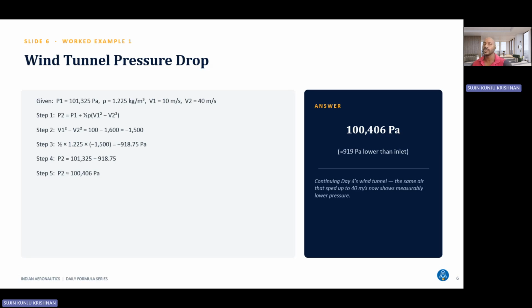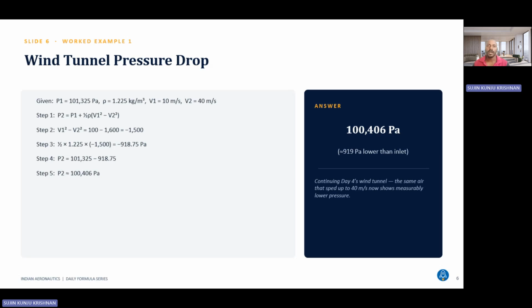Step 5, add to P1: 101,325 minus 918.75 equals approximately 100,406 pascals.